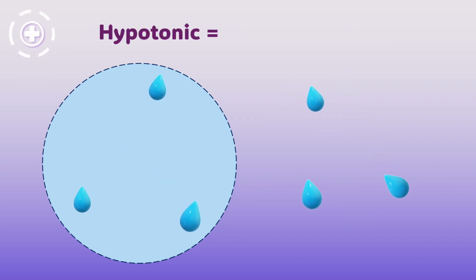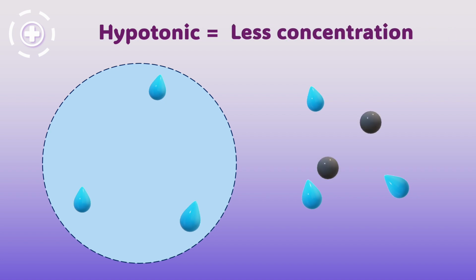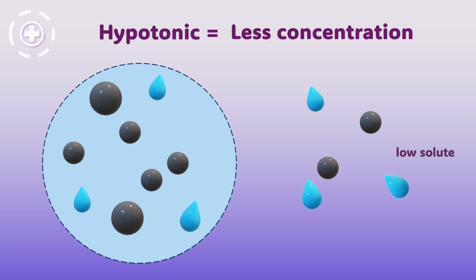In a hypotonic solution, hypotonicity means less concentration. So on the outside of the cell, we are going to see the low solute, or the low concentration of molecules, compared to what is on the inside of the cell. The inside of the cell will have the higher concentration of these molecules, or solutes.